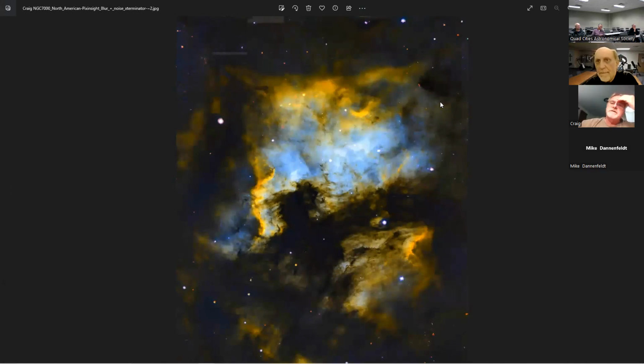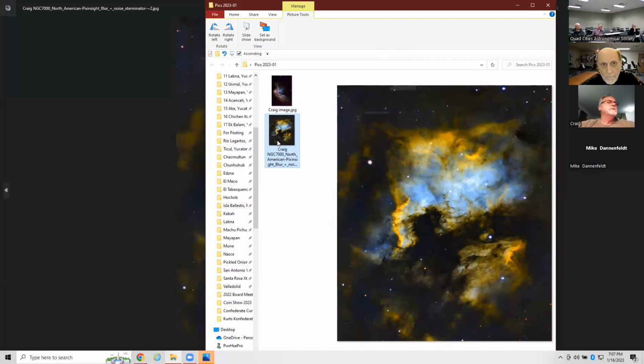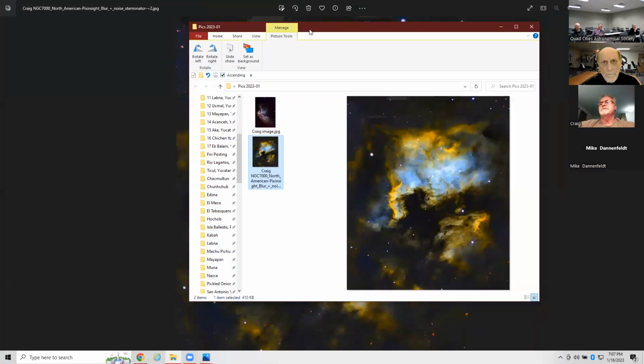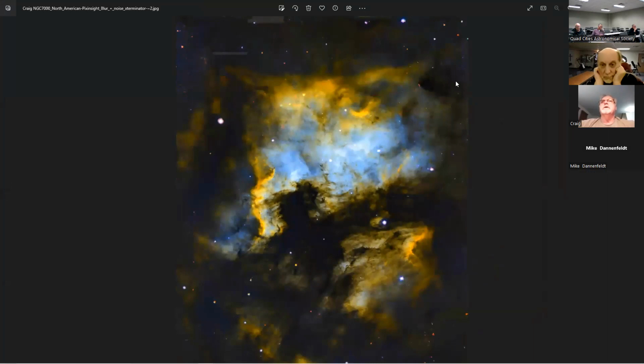This is all PixInsight. There are new plugins for PixInsight called Noise Exterminator and StarNet version 2. What it does is remove some of the granular pixels you get in a picture and smooth it out.